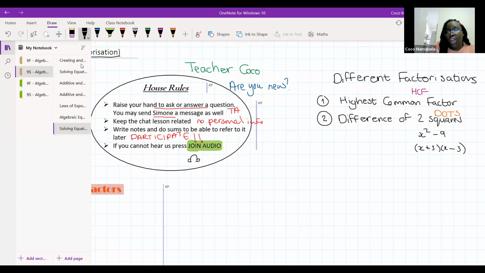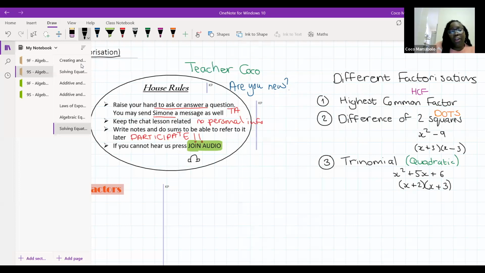That's dots, right? The third type that they can possibly ask us for is a trinomial, which is also known as a quadratic. A quadratic is when we get things like x squared plus 5x plus 6, in which case we're still going to open two brackets, and that'll be positive and positive, x plus 2 and x plus 3.